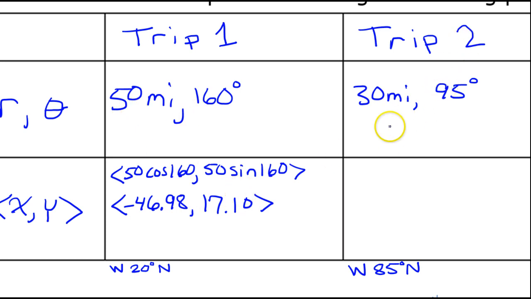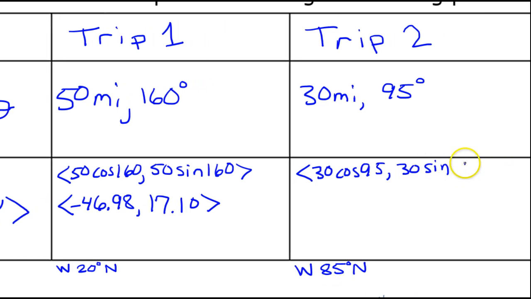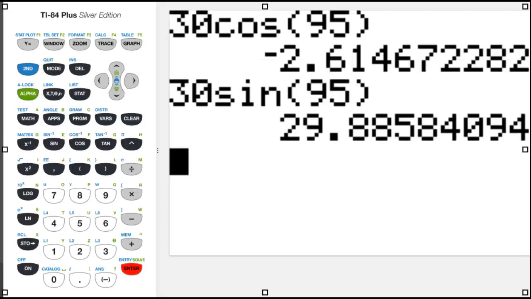Now let's do trip 2. Again, we can find component form by doing r cosine theta, so that will be 30 cosine 95. And now we do r sine theta, so that will be 30 sine 95. Back to the calculator. Check it out.